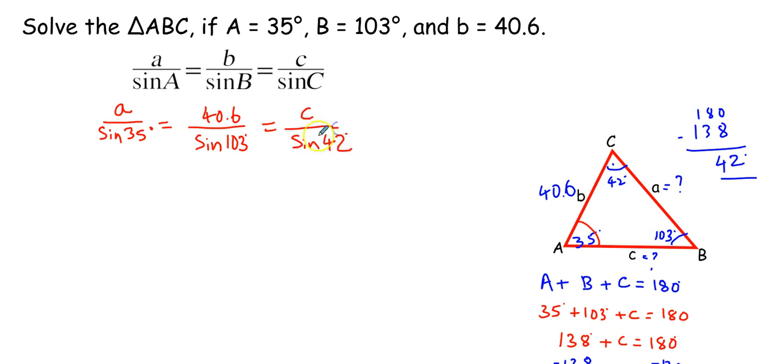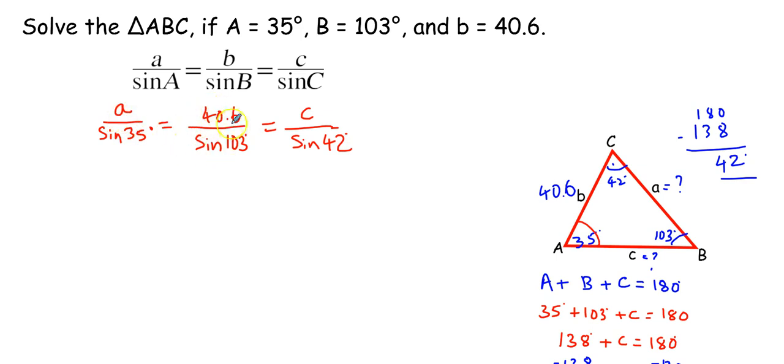Right. Now, in this law of sines, we substitute all the known values and unknown as it is, like A and C. We left them over. Now, we cannot handle all the three ratios at a time. And here, the middle ratio has the values like 40.6, and that is sine 103. That gives you a constant value, a number you get out of this.